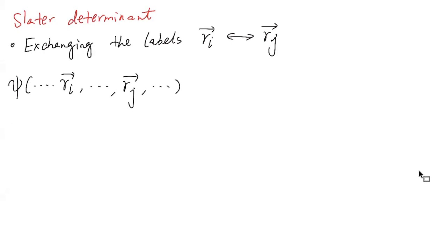Now we exchange the label. We label I as J. We relabel J as I. So according to the anti-symmetry property, you should have negative psi of Rj, Ri, right?